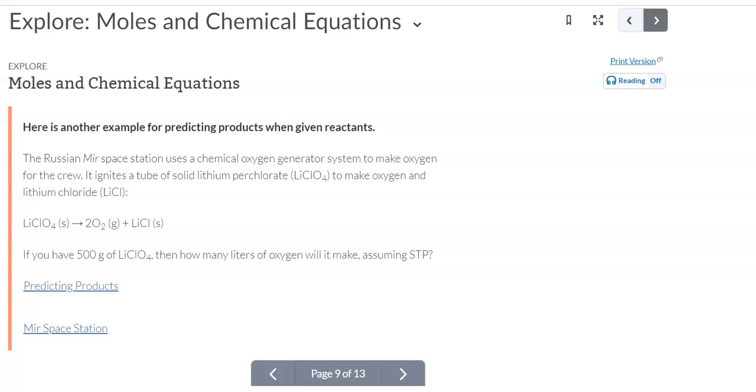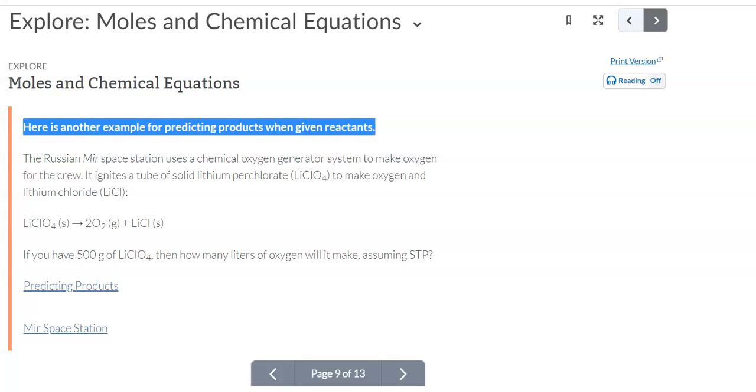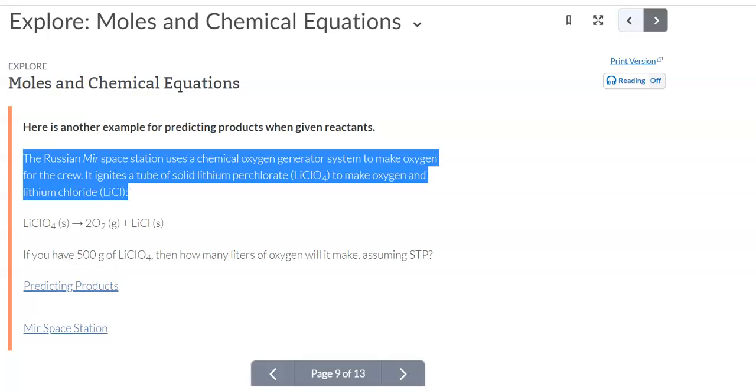Alrighty, here we are on page 9 of lesson 6.07, and the topic is, here's another example of predicting products when given the reactants. The Russian Mir space station uses a chemical oxygen generator system to make oxygen for the crew.